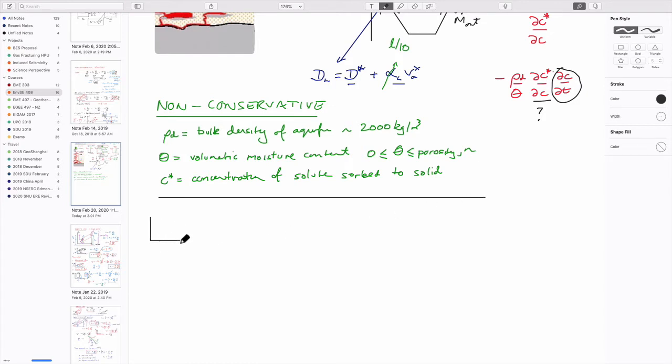So in other words, you take a beaker and you fill that beaker up with your aquifer, and you put in some fluid that has some concentration in the water, and you solve it.